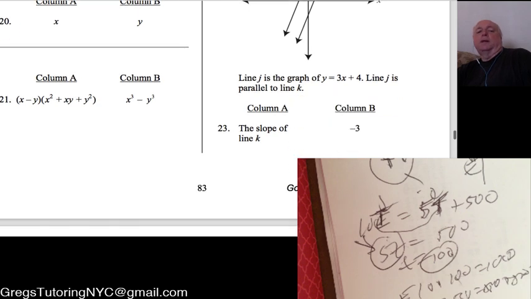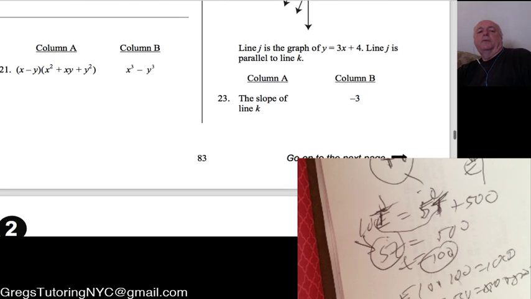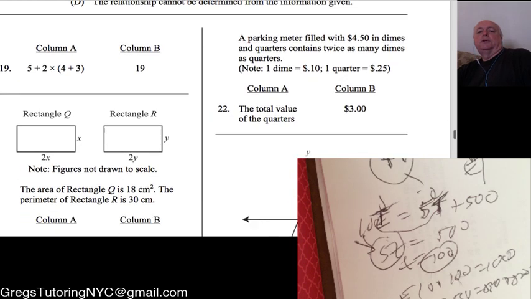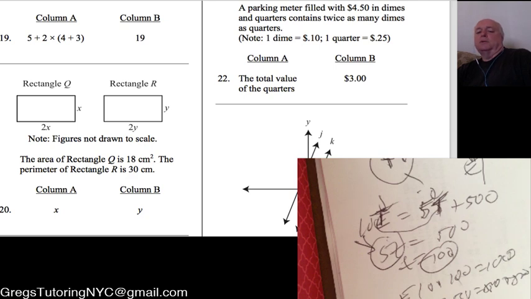We did 21 as well. 22 we skipped because I thought it was going to take too long. We're running out of time. By the way, I'm going to go about maybe 40 minutes to an hour. I'm going to keep it under an hour. We're on the 13th one of these. Yeah. All right.